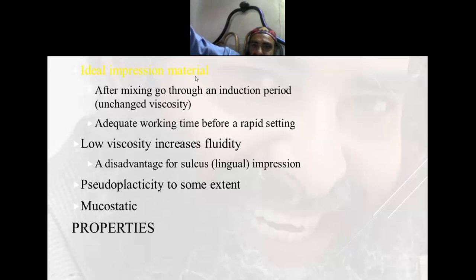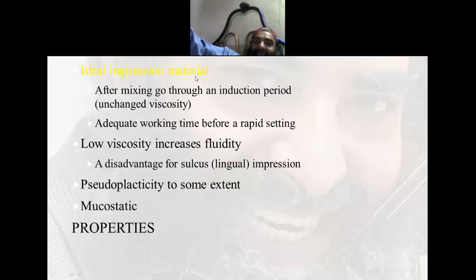Induction period, like your induction period, you people have passed the FSc and then underwent the entry test exam. After that, a long induction period you have gone through.